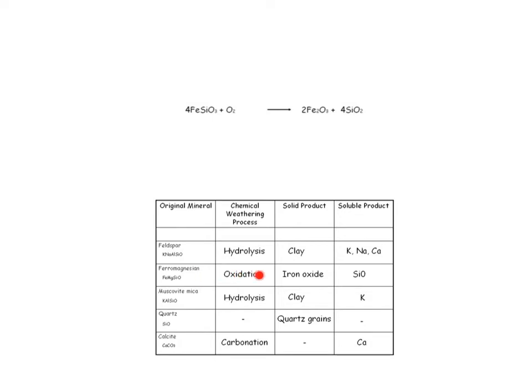Ferromagnesium minerals get oxidized. This is a chemical weathering process, and the solid product is iron oxide or rust, which is this element here, and that's what you saw in that photograph. So there are soluble products, which are obviously dissolved materials, which are taken off by the water. So this is the sort of detail you need to put into your analysis to include A2 material.